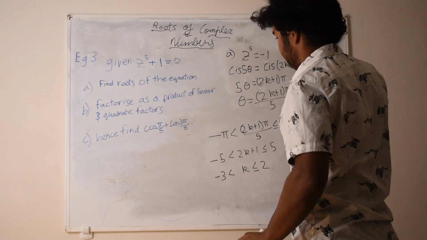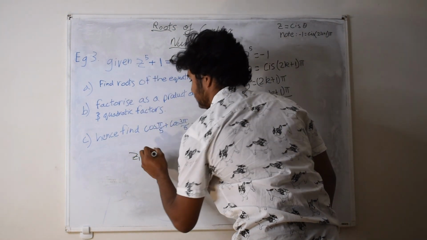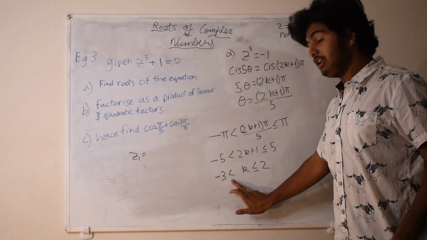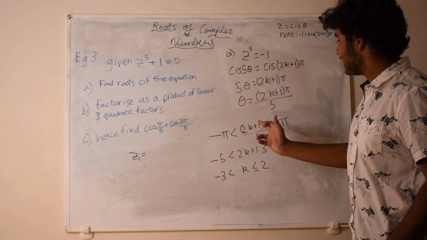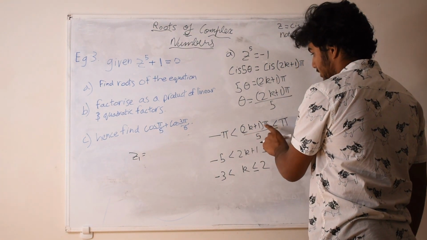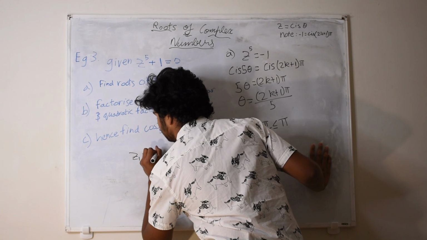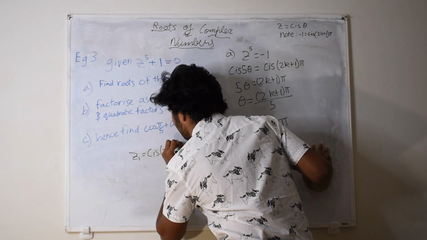Sub these in for k. First solution, I'll write it over here, z1, complex number. k equals negative 3, we add negative 3 to this right here. 2 times negative 3 is negative 6 plus 1, negative 5. Sorry, k equals negative 2: 2 times negative 2 is negative 4 plus 1, negative 3. So the first solution we have is cis negative 3 pi on 5.